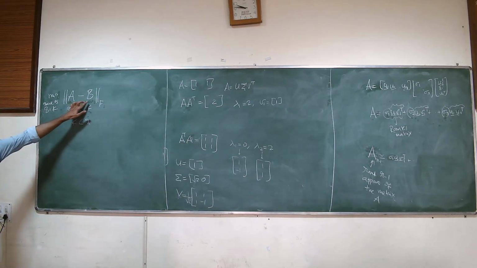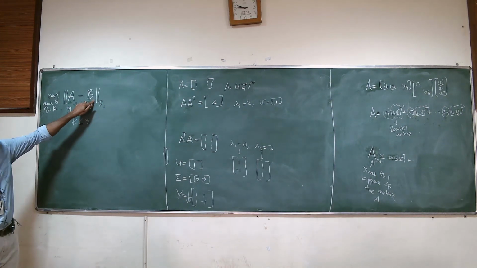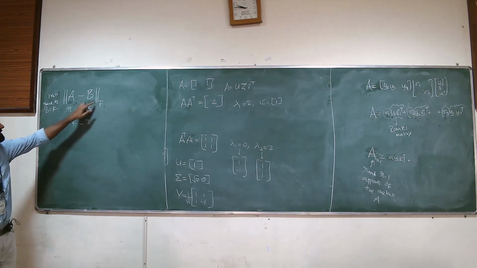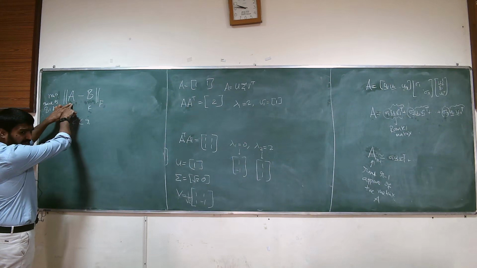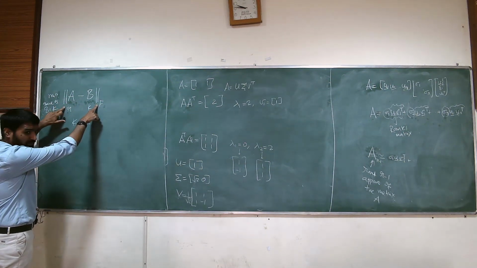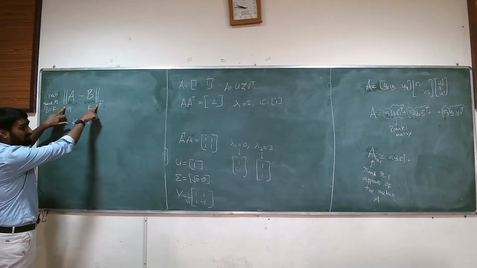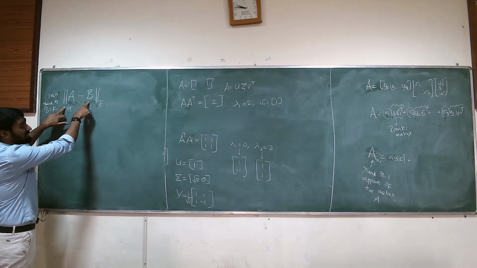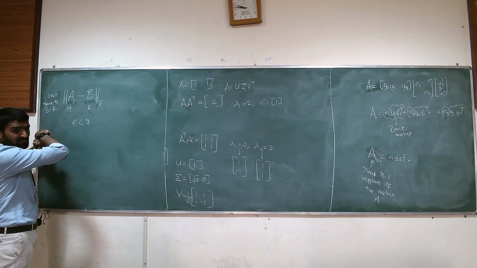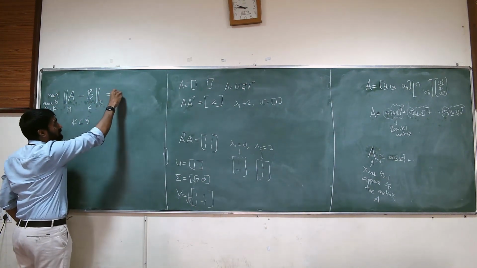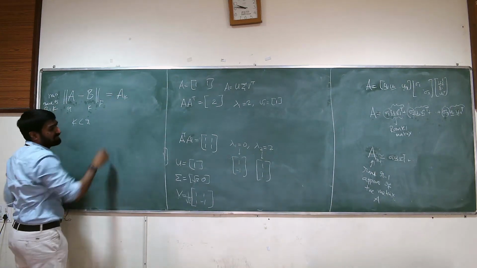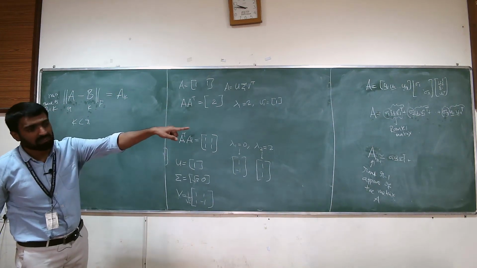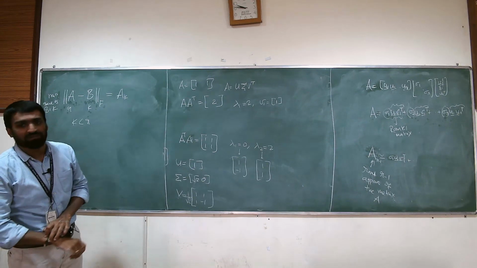Now, if you search over all possible p cross q matrices with rank k, and you find their differences with A, and then you take the Frobenius norm of all those differences, you are asking what is the B that gives the lowest value for this difference. It turns out that the optimal solution is simply A_k, which is simply you keep the first k terms of your SVD and get rid of everything else.